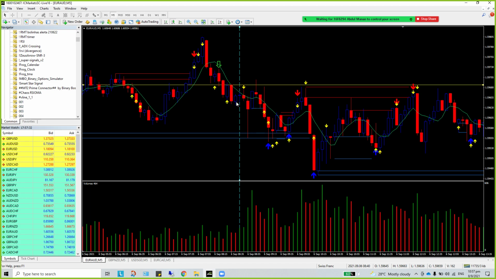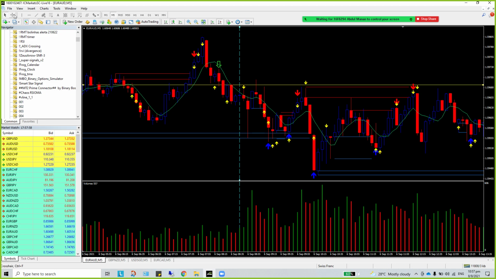Sorry, second candle. This is the first candle and this is the second candle. Why is it taking the moving average value from this candle? Why not from these two?